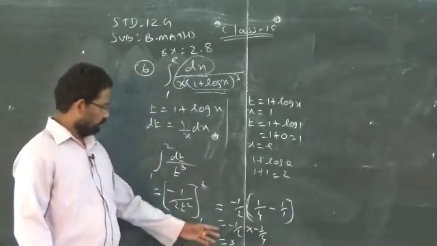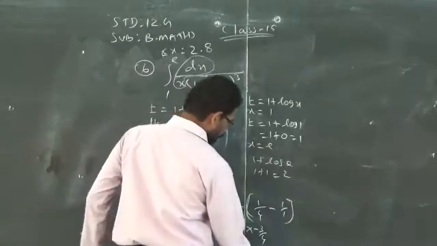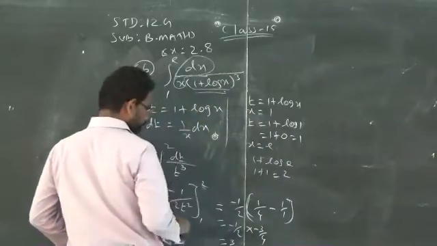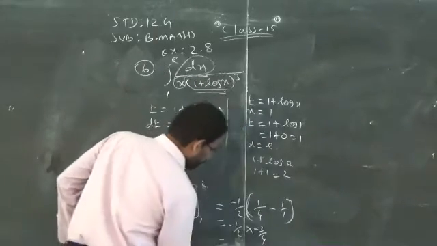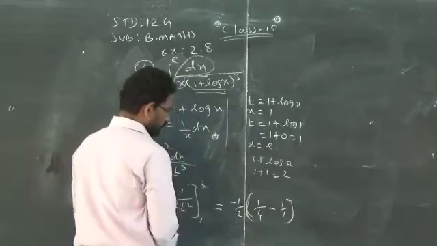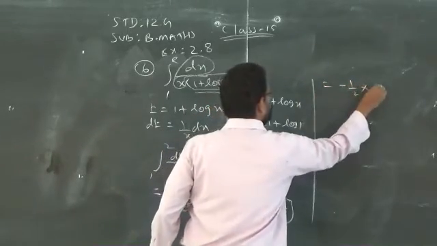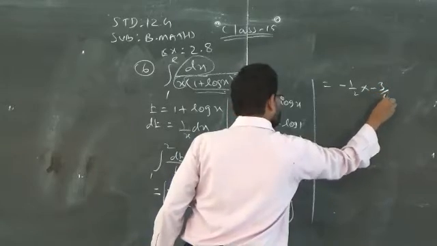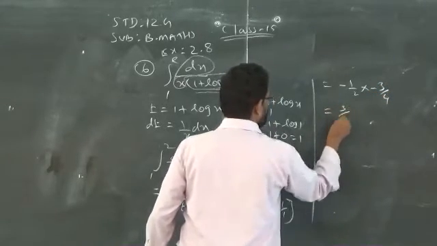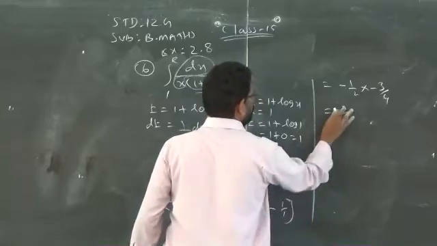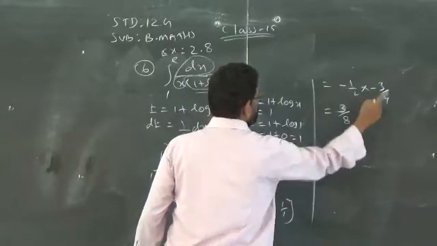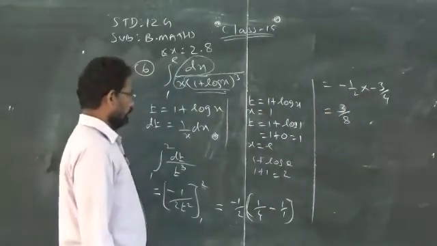So now we will get answer as 3 by 8. We can do this calculation: minus 1 by 2 into minus 3 by 4, which will give you minus 3 by 8, that is minus into minus plus 3 by 8.